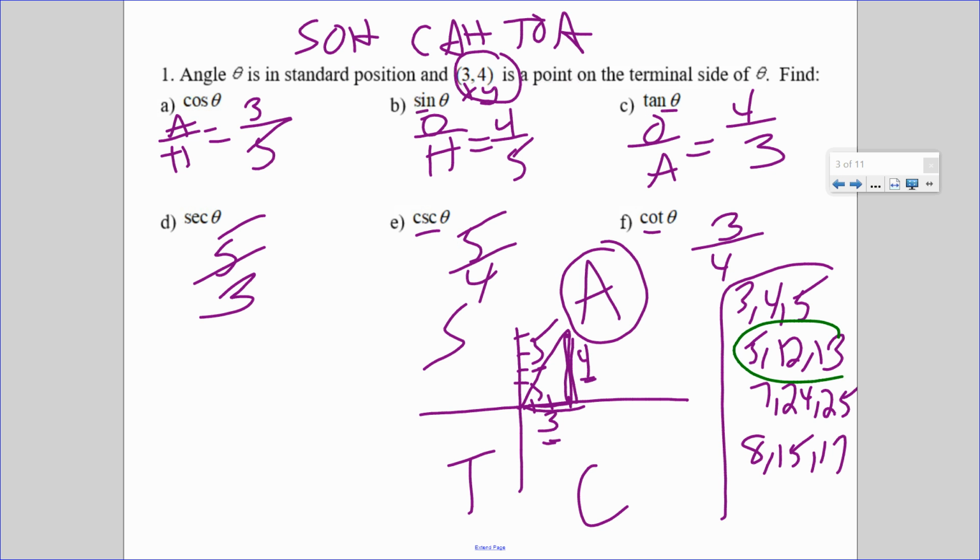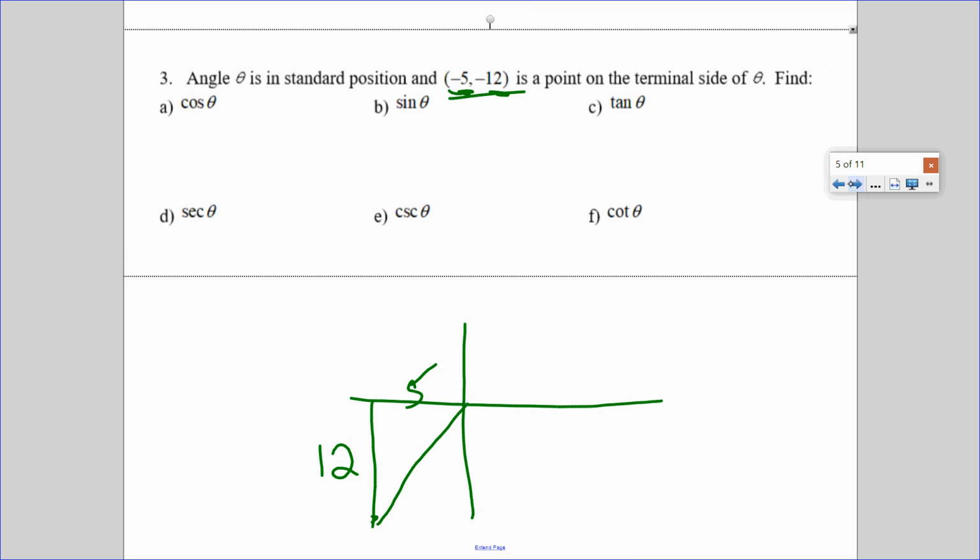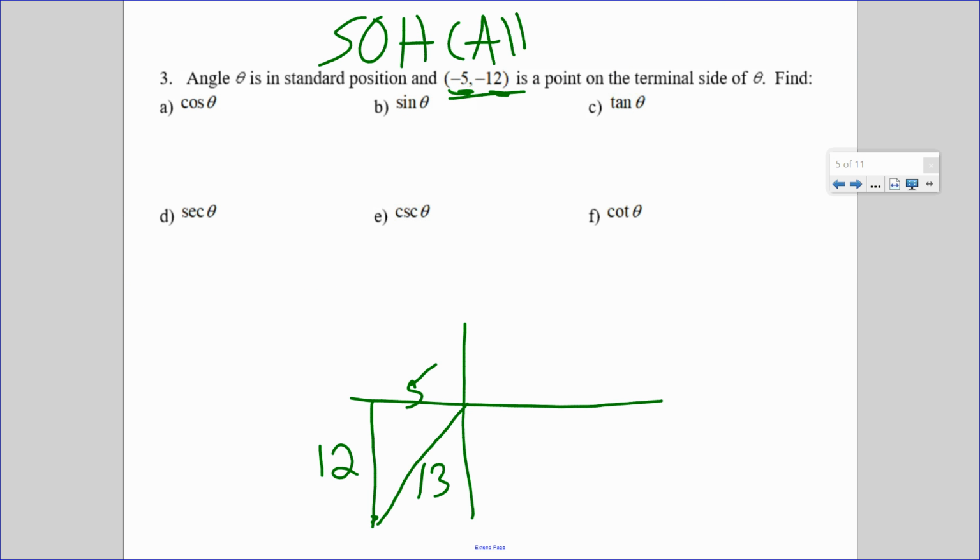Yep, 5, 12, 13 is a Pythagorean triple. So I'm going to fill in the 13. I'm going to give you about 2 minutes right now to fill in the 6 ratios.